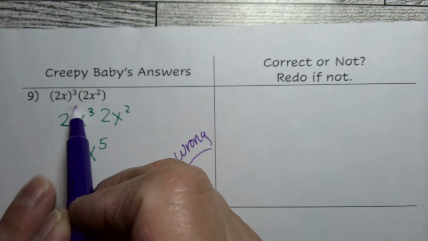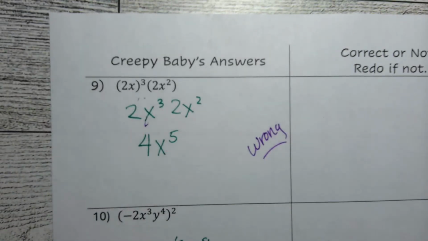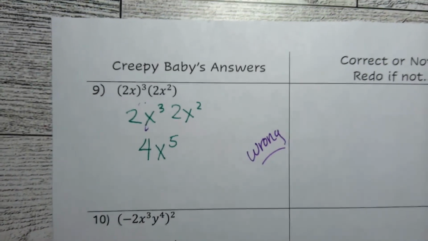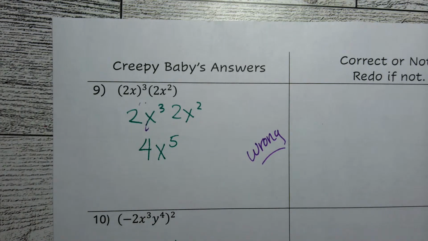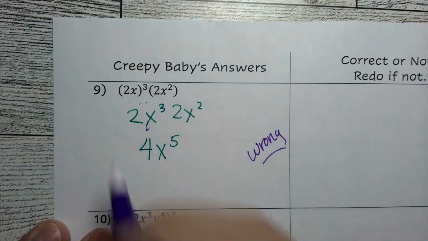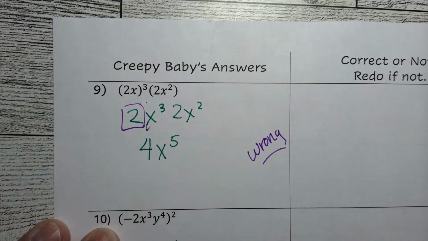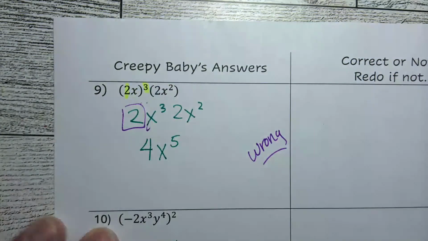She did not bring that 2 cubed. I'm going to get my highlighter so you can see better. Okay, so the mistake happened right here, because this cube on the outside has to be put on the 2 as well as on the x.